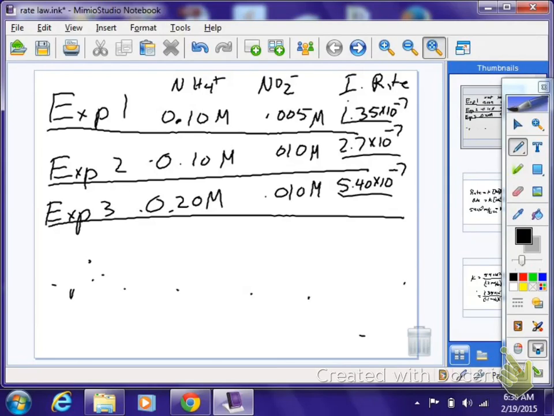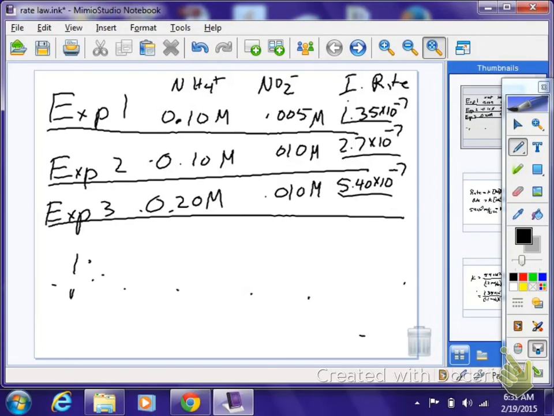So we're going to go ahead and take a look at experiment 1 and experiment 2 again, just to refresh your memory. What happens in experiment 1 and 2, NO2 is doubled. So we're going to write that down and show how you would find it if you didn't know how to find it.